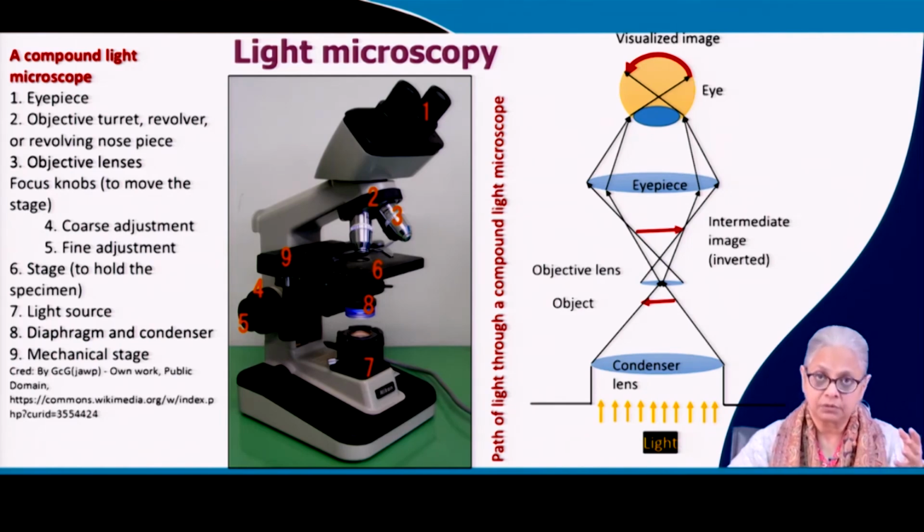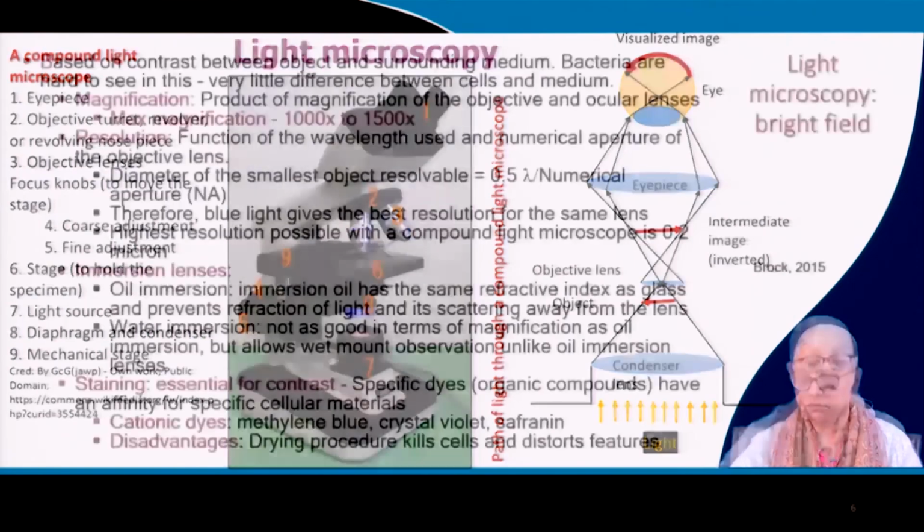You have a camera mounted at this point instead of your eyes, and you transfer the images taken by the camera directly to the PC, and it makes storing of images easy, and it makes enumeration of bacteria or any other organisms really easy. So it's no longer as tedious work as it used to be. And like I said, 20 to 30 years ago, it was awfully tedious work. I can tell you that.